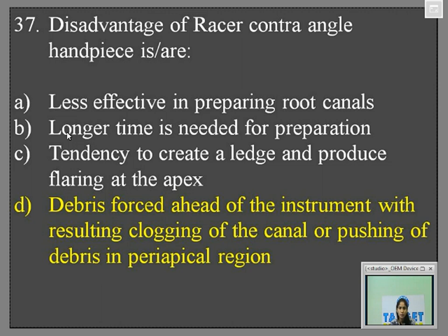Their only disadvantage is that they can force the debris ahead of the instrument, resulting in clogging. They have good cutting efficiency in preparing the canals because of their reciprocating action, but the only disadvantage is that they can push the debris ahead in the canals.